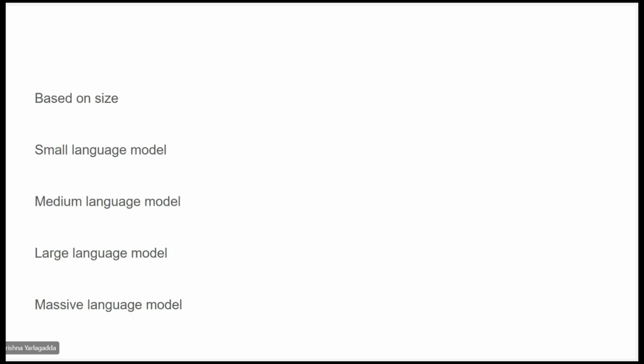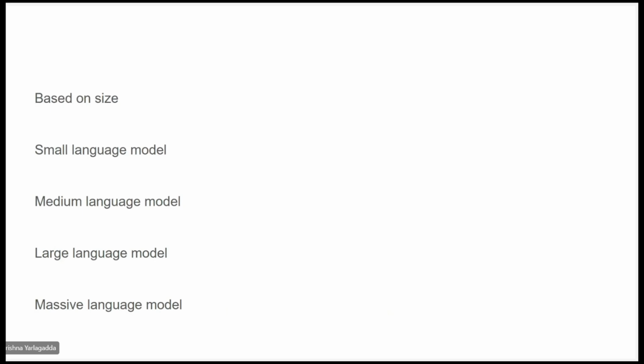If the size of the data is small, within MBs or GB, we go for the small language model. And when there is a large, huge amount of data, we go for the large language models and massive language models.